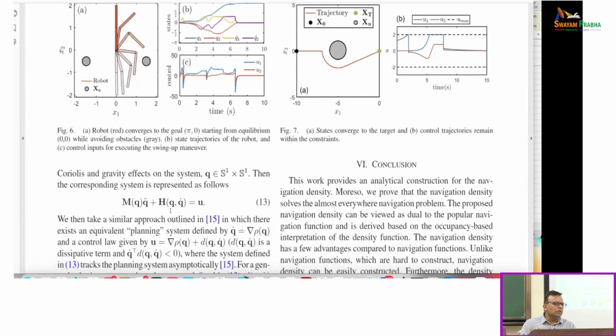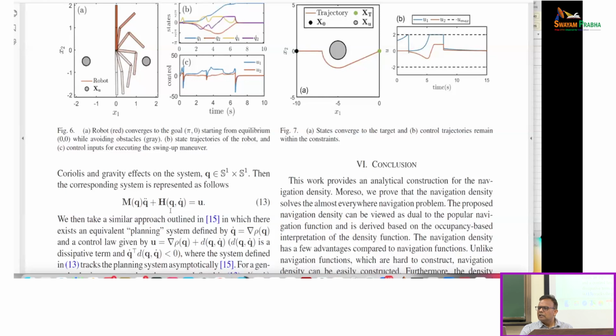But this is not something surprising, because this is done very routinely in the robotics community. You design controllers, especially for things like this manipulator, where you can use inverse kinematics to design a low-level controller to get the system to move along a trajectory, right?